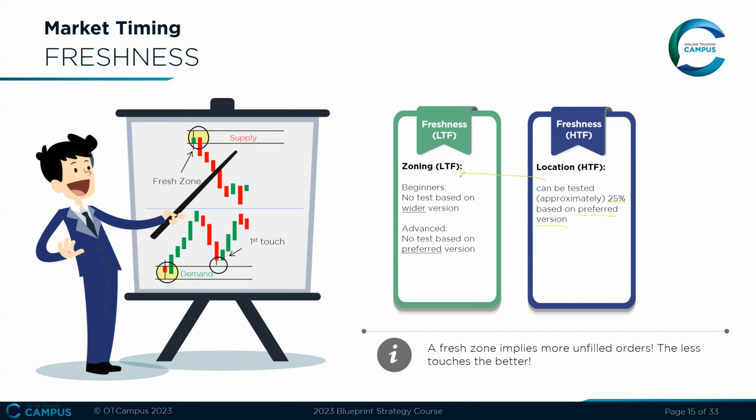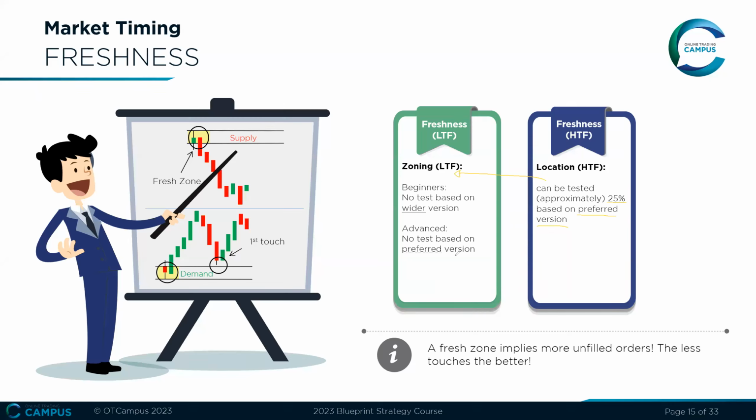Now, though, if I go into the lower time frame, just as we did with departure, as we looked at explosive versus decisive, here we're going to look at preferred versus wider. So the test that we're performing is a lot stricter. It has to be stricter because we're on the lower time frame. We have to become more of scientists and really look at our zones.